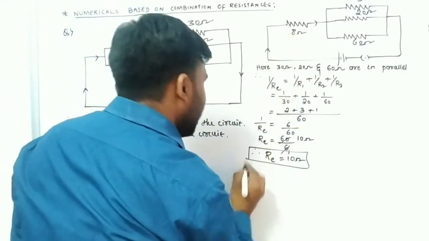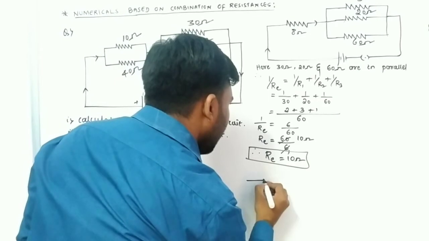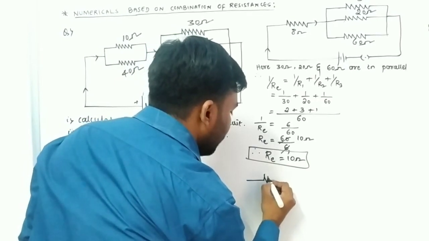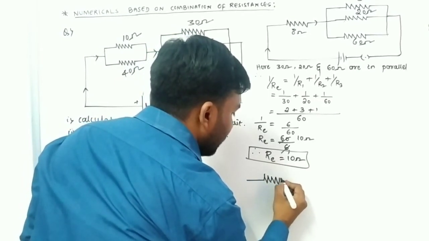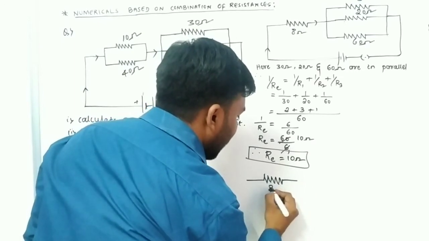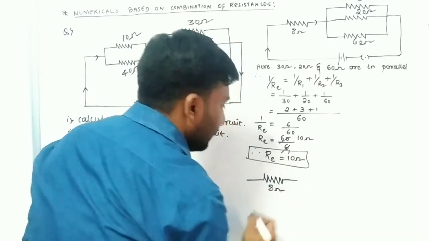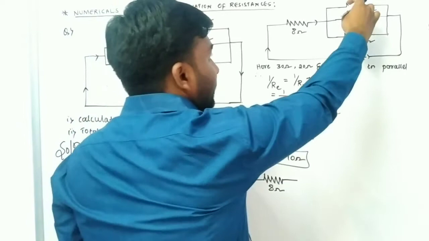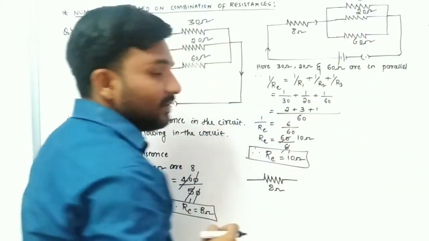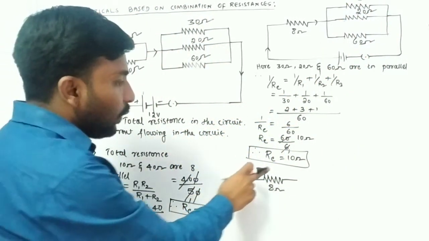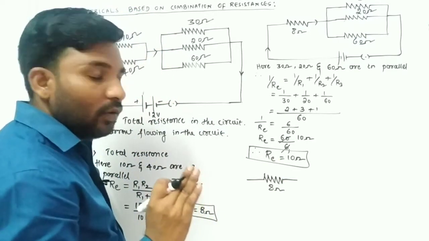Here this one, 8 ohm resistance, I will keep as it is. Instead of all these three resistors, we got a single resistance of 10 ohm.